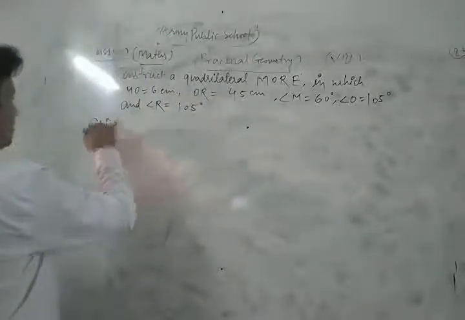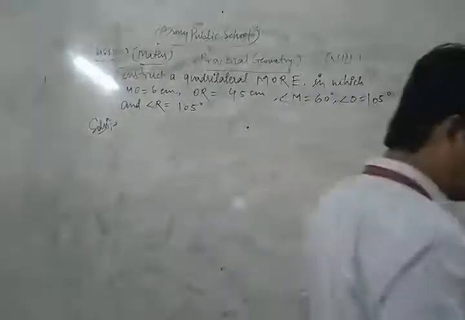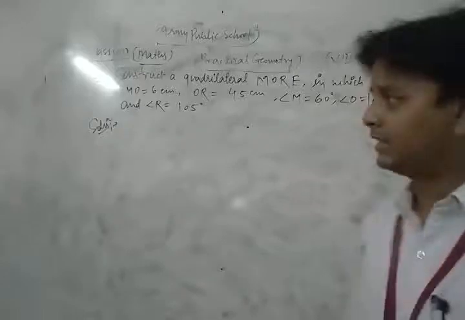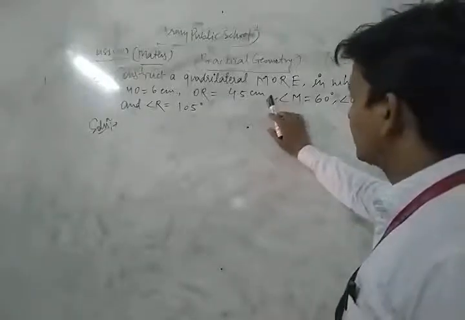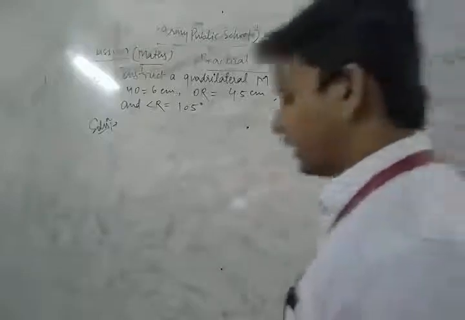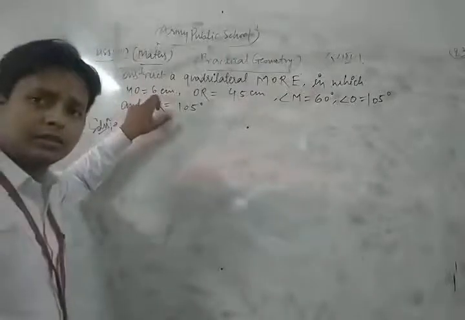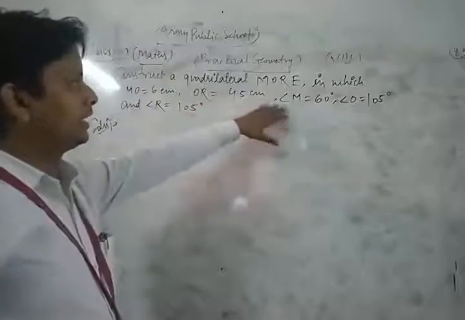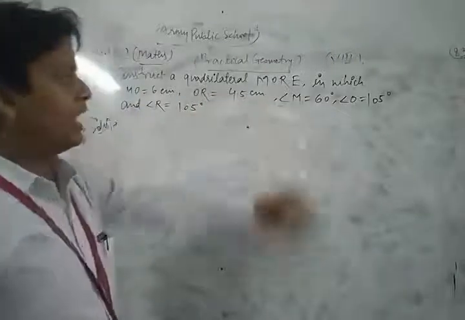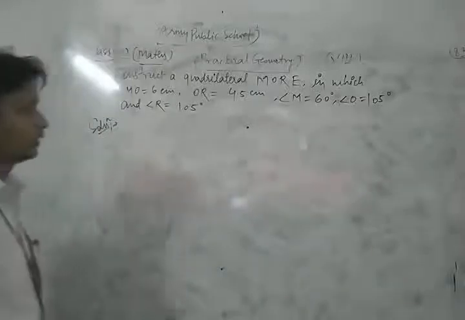Now let's see its solution. Dear friends, this is one of the most important questions of your syllabus. What is the question here? Construct a quadrilateral MORE in which MO is equal to 6 centimeter, OR is equal to 4.5 centimeter, angle M is 60, angle O is 105, and angle R is 105 degree.